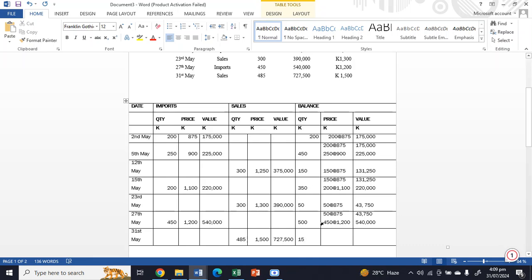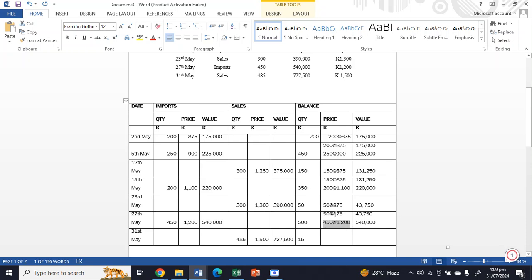The first to go will be these 450 goods. All of these are going to go. So 485 minus 450, 35 remaining. We get rid of this 450 first.